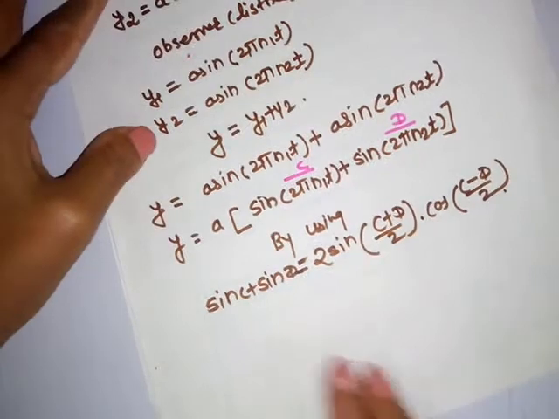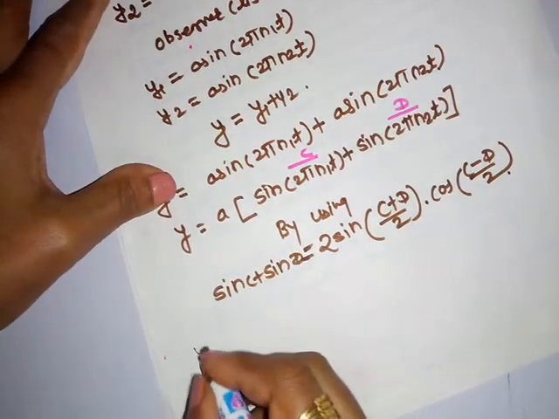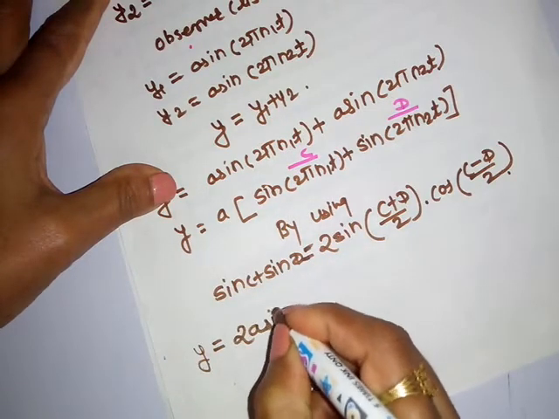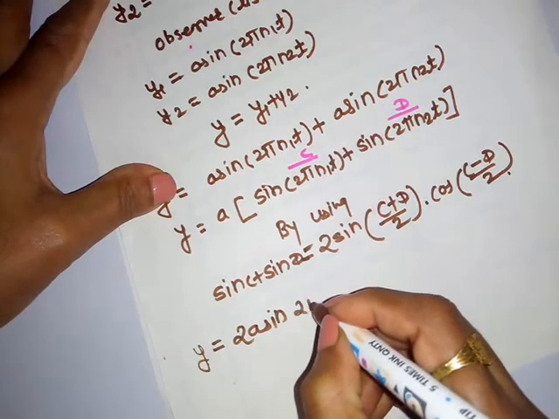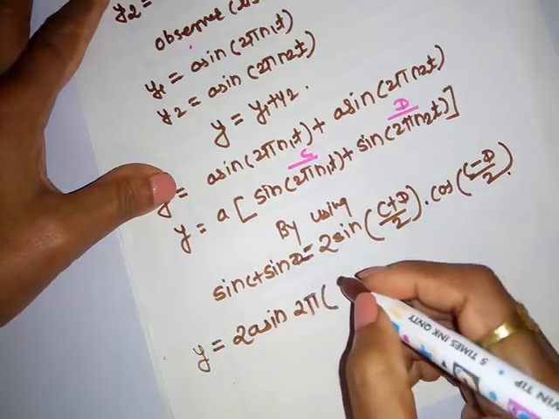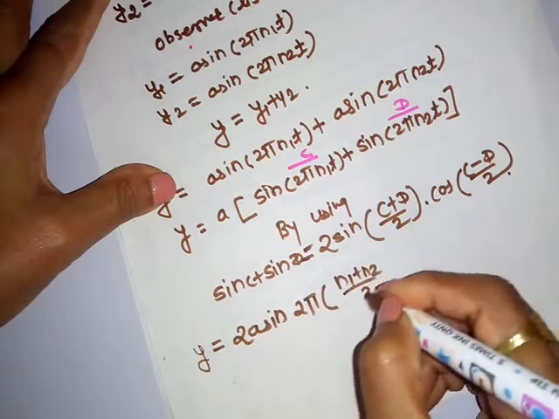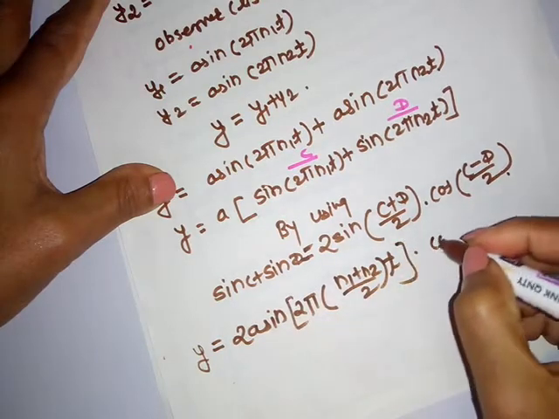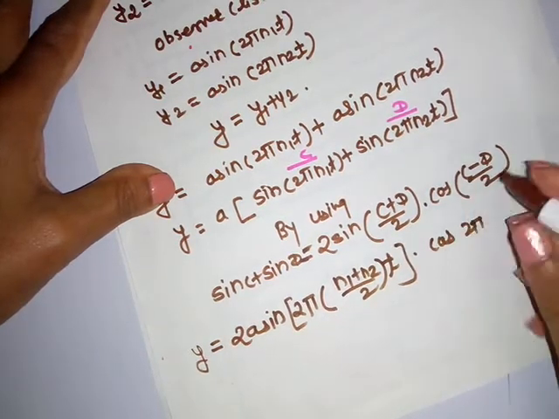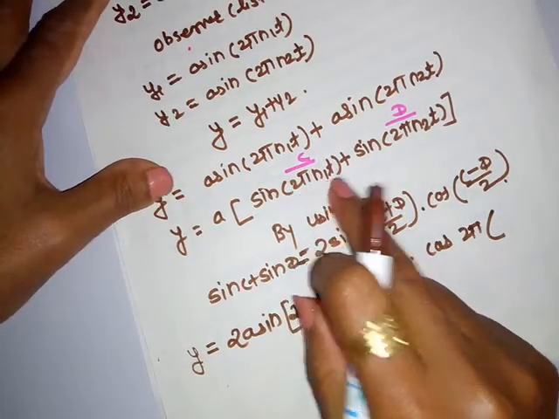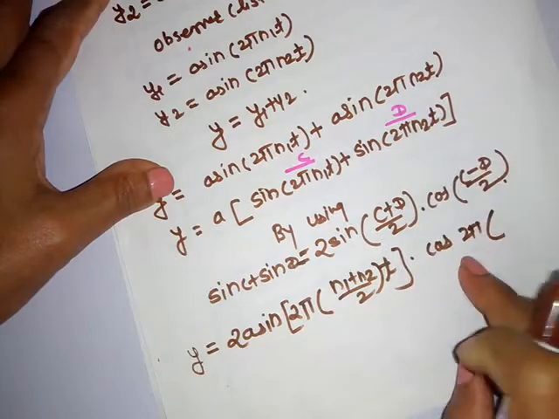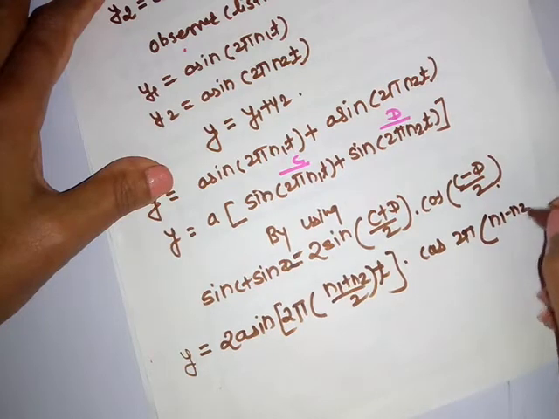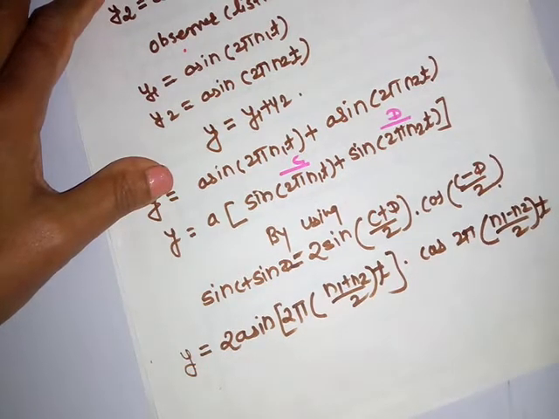Then substituting these values in this equation, we get y is equal to 2a sin(2 pi (n1 plus n2) upon 2 into t) into cos of (c minus d) upon 2, where c is 2 pi n1 t and d is 2 pi n2 t. Then taking 2 pi and t common, that is 2 pi (n1 minus n2) upon 2 into t, in this way.